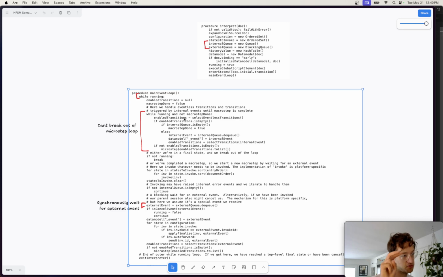And so that stems from two things. One, the first insight here, and this is an idea that my teammate Bernard came up with, is that there's all these different events happening that have a different priority, right? So immediate transitions have a higher priority than raised events, which have a higher priority than external events.